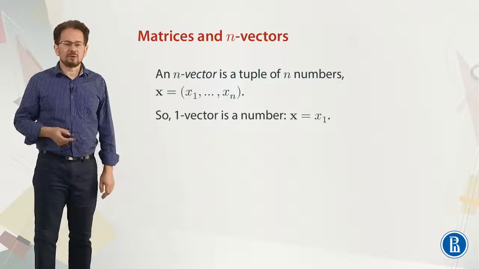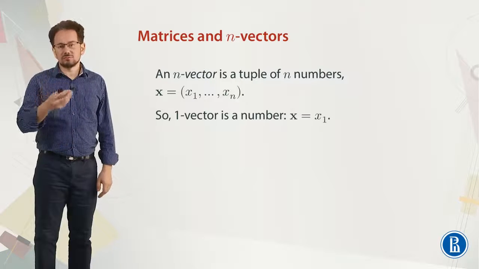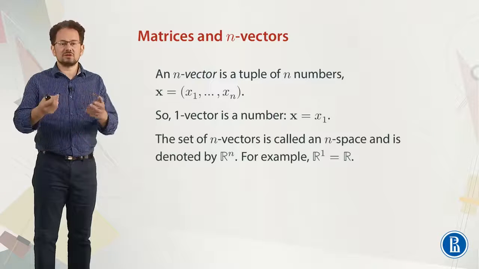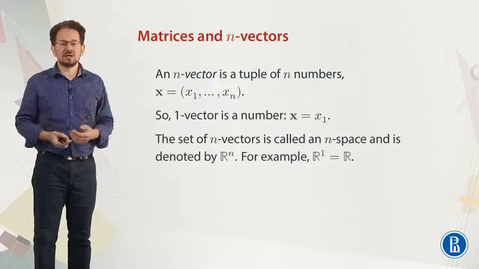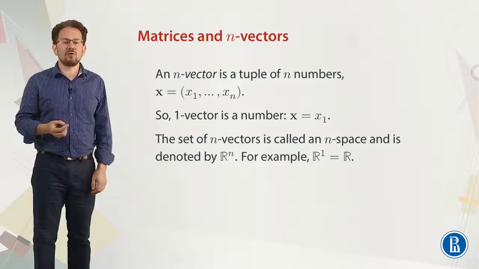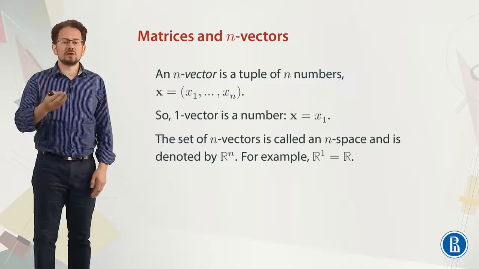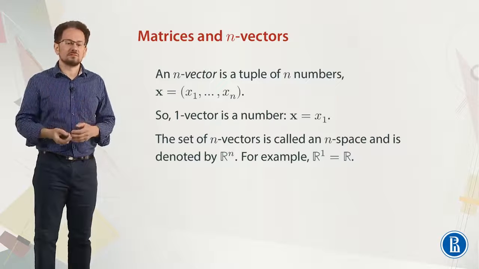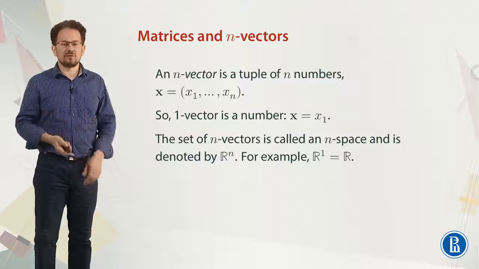For example, a 1-vector is just one number, so the set of all 1-vectors is the set of real numbers. The n-space is the set of all n-vectors, that is, the set of all n-tuples of numbers. It is denoted by R^n, as you know from the calculus course.